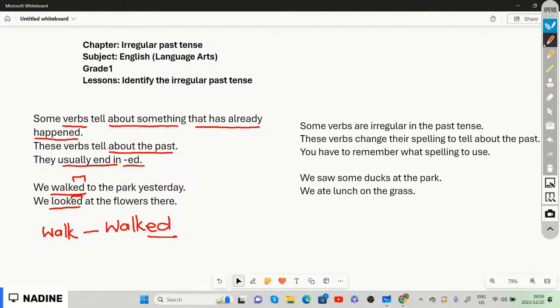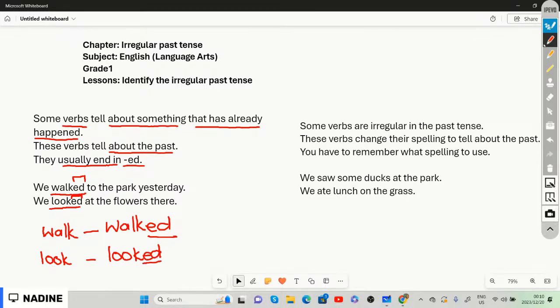So walked shows the past tense and it ends with an ed. That gives us the idea that the letters ed basically tell us about the past. And the same with looked. The present tense verb is just look. But in the past, we looked at the flowers there.